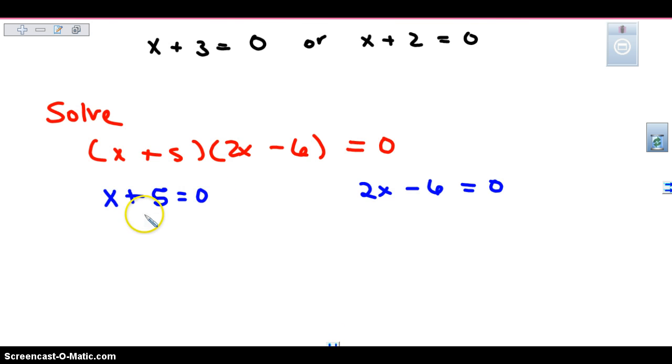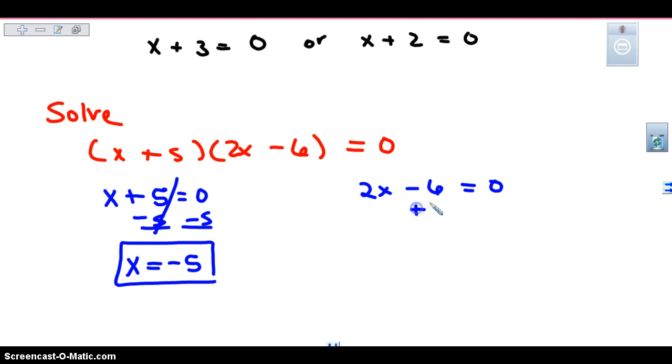If we solve for x in both of these, we find that x can equal negative 5 or x can equal 3.